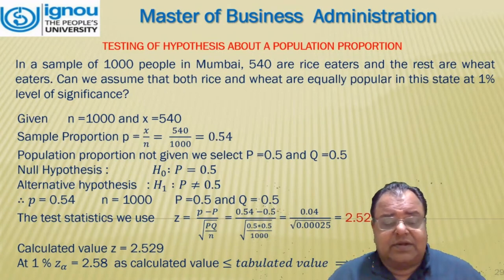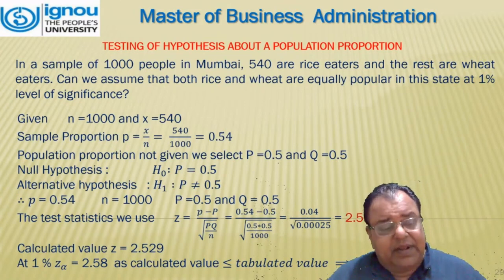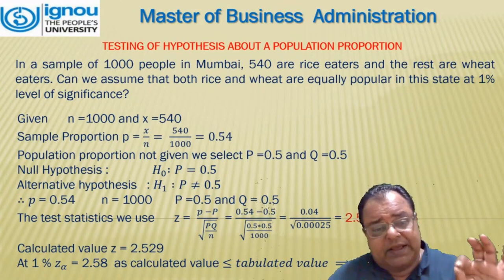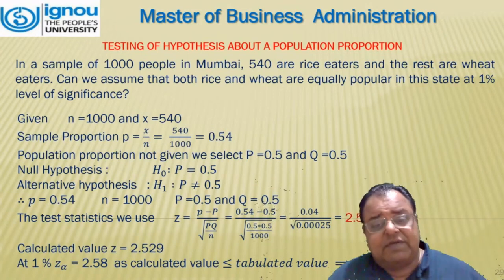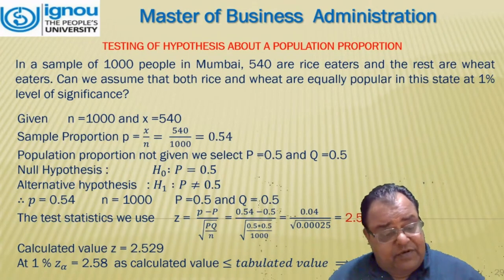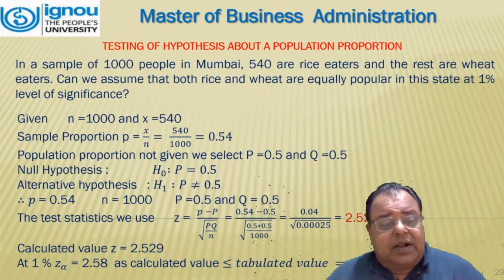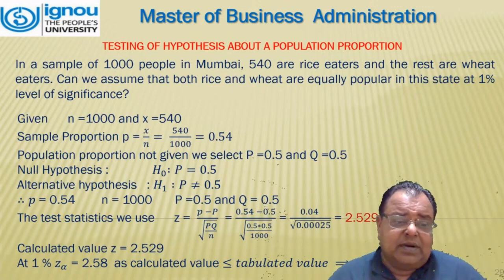Here n is 1000 and x is 540. So sample proportion will be x by n, that is 540 by 1000, which comes out to be 0.54. Population proportion is not given, so we select it as half.